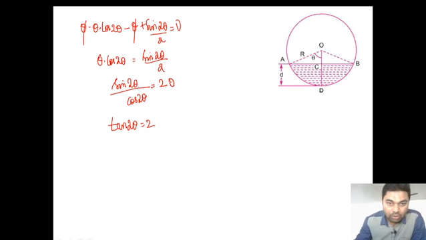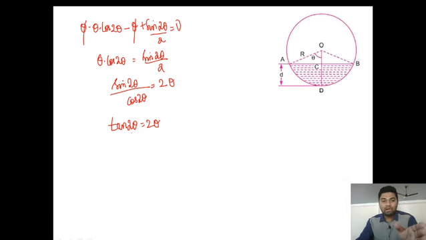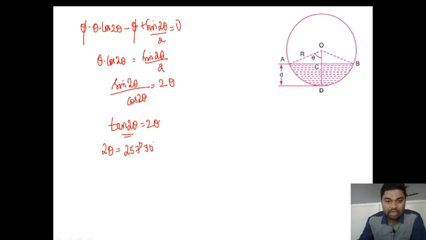So from here tan 2θ is equal to 2θ. By trial and error method, the value of 2θ will be around 257 degrees 30 minutes.